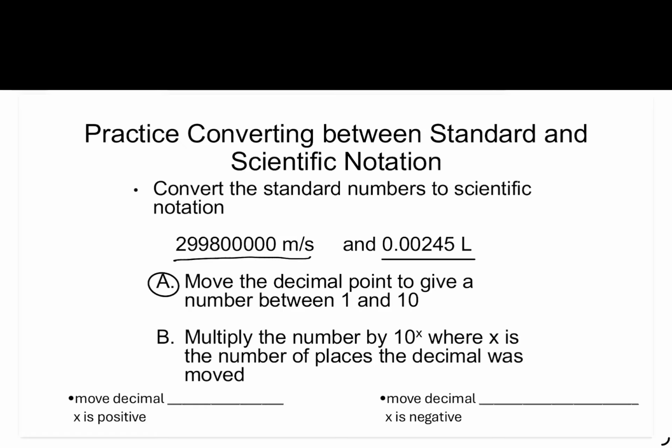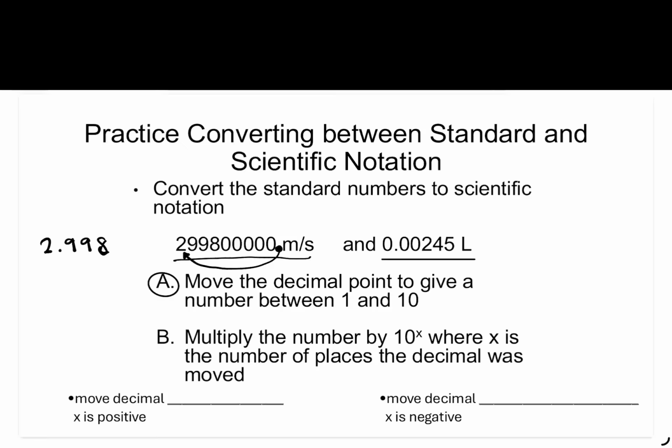So what does that mean? It means you place a decimal point at the end of the number and move it so that the number is between 1 and 10. This gives me 2.998.